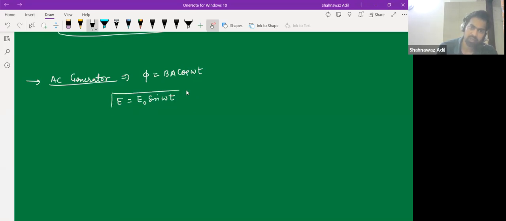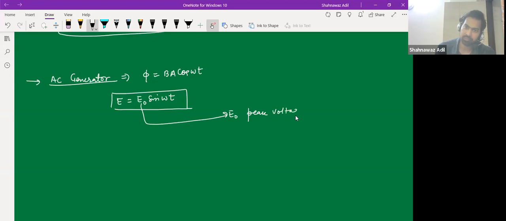So this was the EMF generated from the AC generator, where E naught was the peak voltage, E was the instantaneous EMF, and omega was the angular velocity.